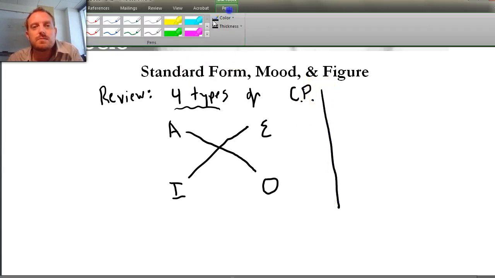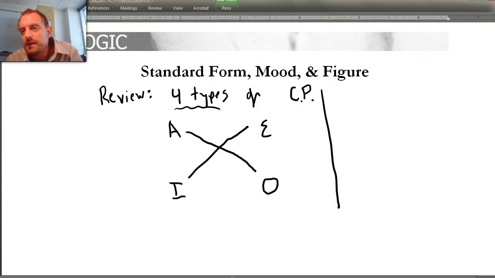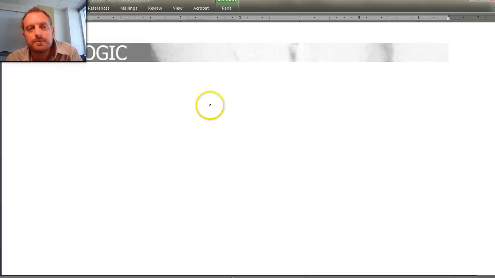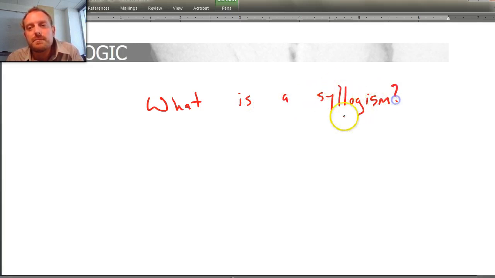Let me change my pen here. In fact, I'm going to zoom down here. What is a syllogism? Because there's actually many types of syllogisms. We're, of course, using syllogisms purely in the framework of categorical logic.